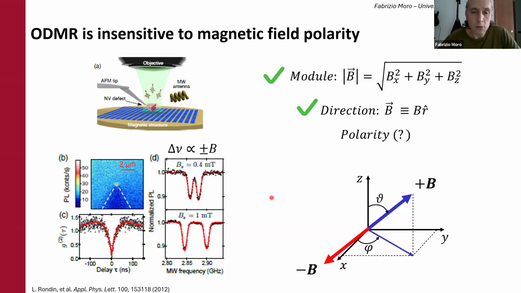And magnetic field polarity could be a very important property if you want to investigate, for instance, the magnetic bits of a hard disk device, or if we want to investigate magnetic phenomena at the nanoscale. And indeed, the ODMR spectra are inherently independent of magnetic field polarity, because from the difference of the location of the dips, we can only extract the magnetic field amplitude, or magnitude, but not its direction.